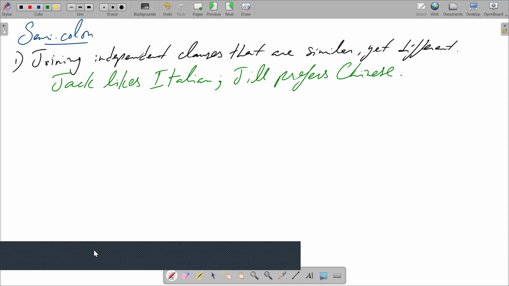Now, this is a very simple example of where a semicolon can be used. There are other situations where a semicolon can be used, obviously, given the same independent clauses that are similar yet different. What I want to show you again is you can turn this into a compound sentence.